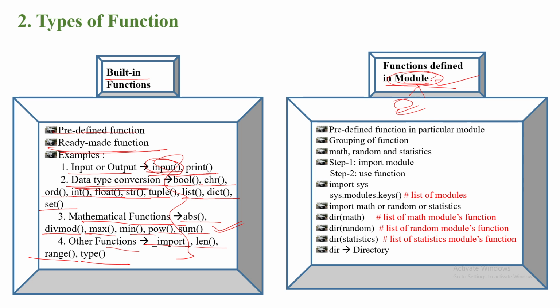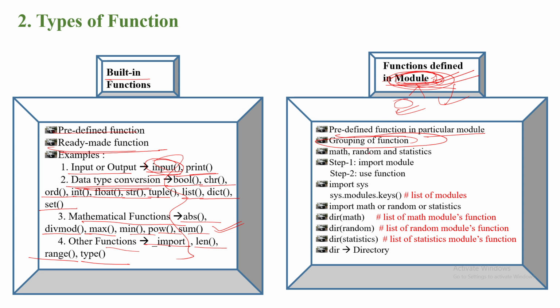They are also predefined. They are already available, but they are available inside the module. So first, as a user, import that module, then afterwards use those functions. So these are predefined functions in a particular module. It is the grouping of functions.